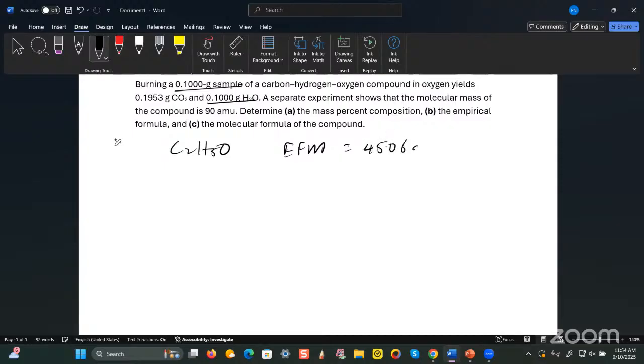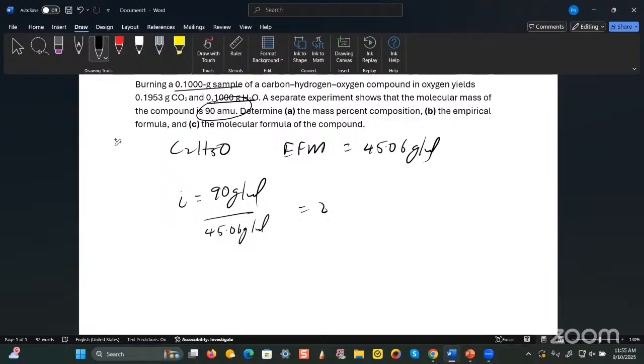45.06 grams per mole. So the integral factor, I, will be equal to the molar mass, which is given as 90 grams per mole, divided by 45.06 grams per mole. And let's see what that gives. 90 divided by 45.06, and that gives 2.